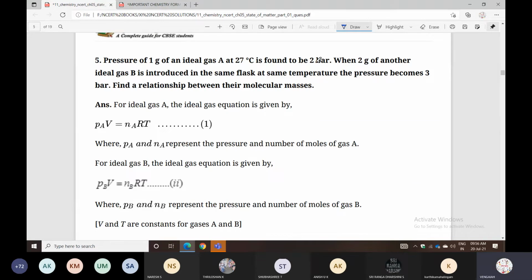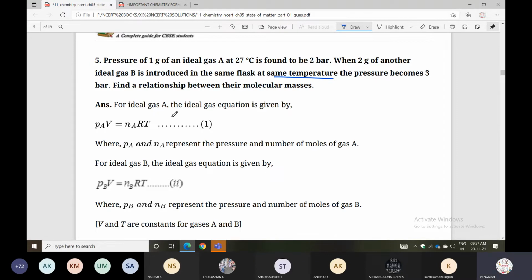When 2 grams of another ideal gas B is introduced into the same flask at the same temperature, the pressure becomes 3 bar. Find the relation between their molar masses.